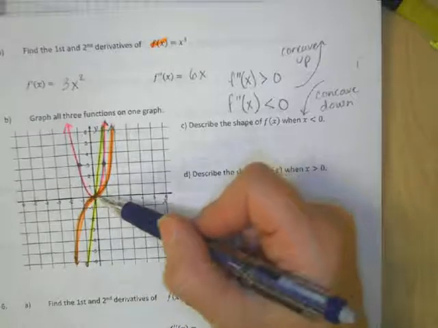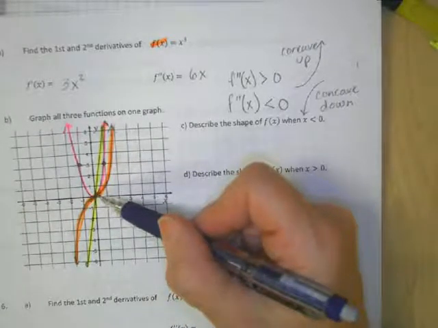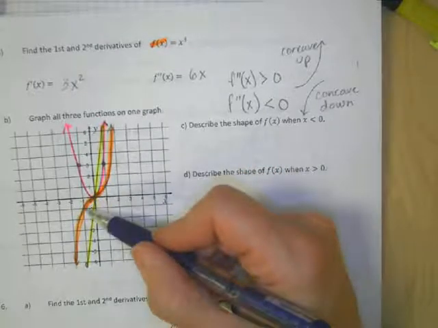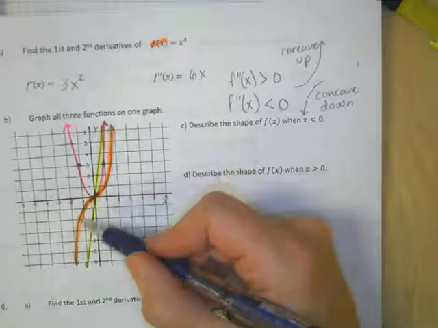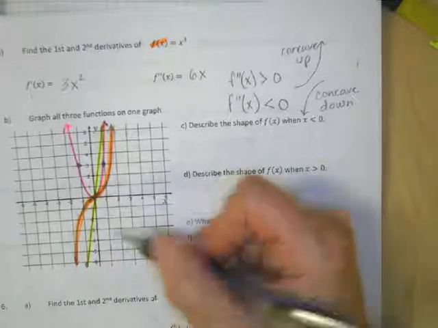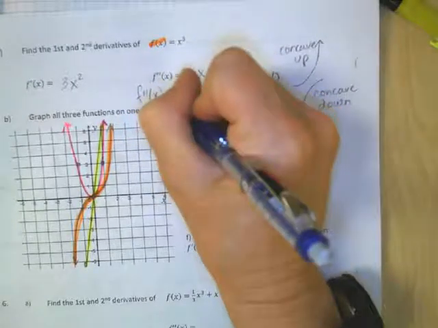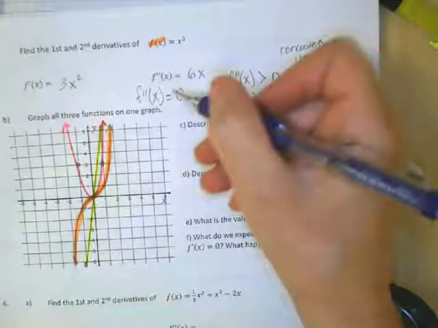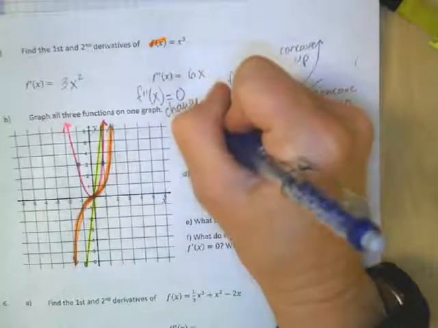So besides having a slope of 0, what else is going on there in this case? It's changing its shape from concave down to concave up. So when the second derivative equals 0, that's where it's going to change shape. Okay, so that's what's in this next set of notes, I think.